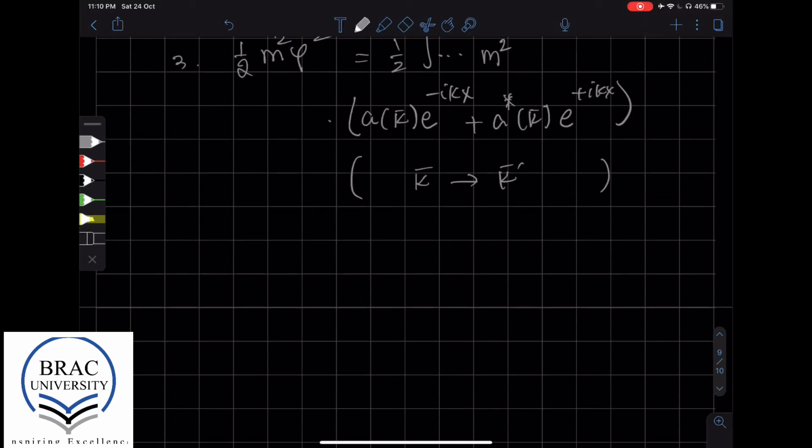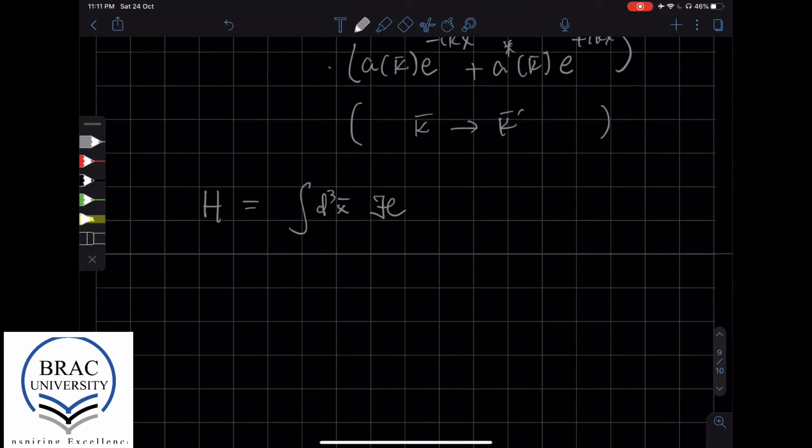So these are the three terms that go into the Hamiltonian density. And then what we can do is write the Hamiltonian. So the Hamiltonian is going to be the spatial integral over the Hamiltonian density.